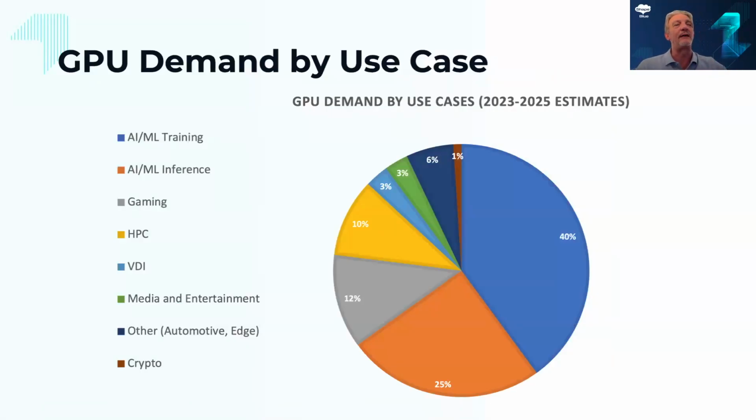As you can see, artificial intelligence and machine learning workloads represent around 65% of GPU demand today, both training and also inference. Other use cases continue to be important, like high performance computing, VDI technology, gaming, media workloads, and others.